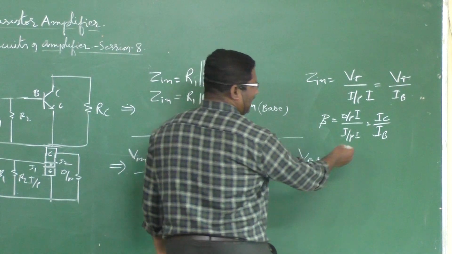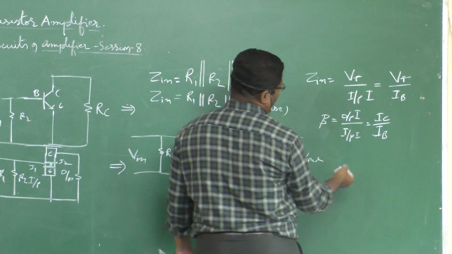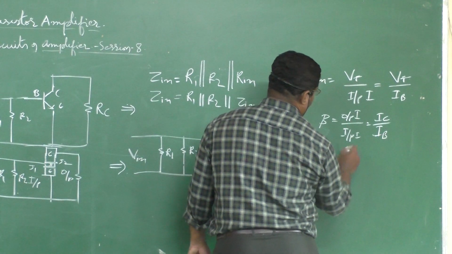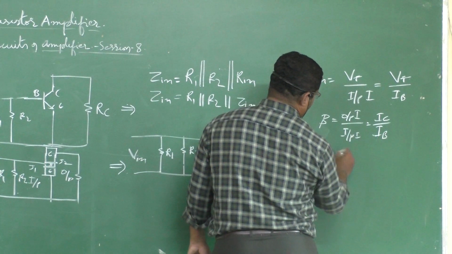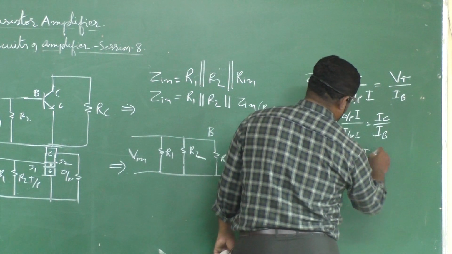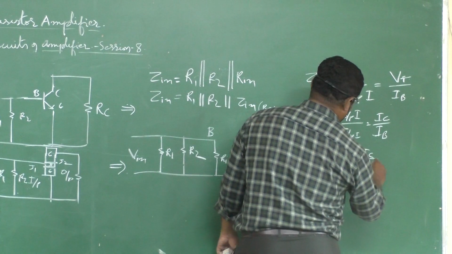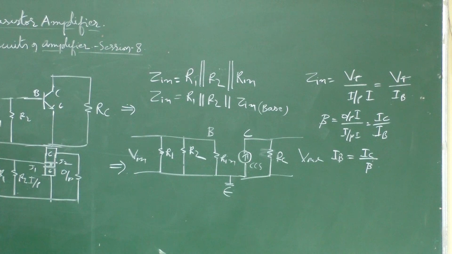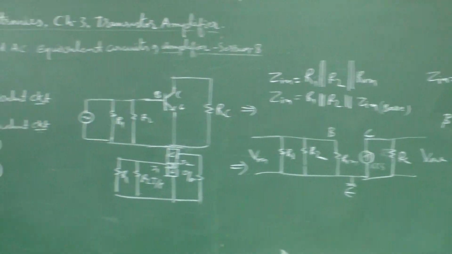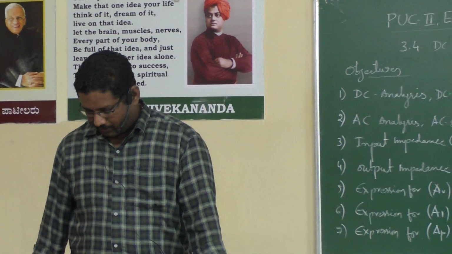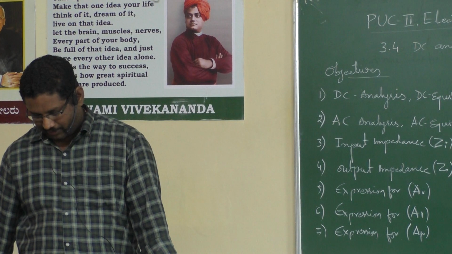We need the expression for beta, so Ib is equal to Ic divided by beta. Like this we can write, and we can rewrite that expression as Vt into beta divided by Ic.